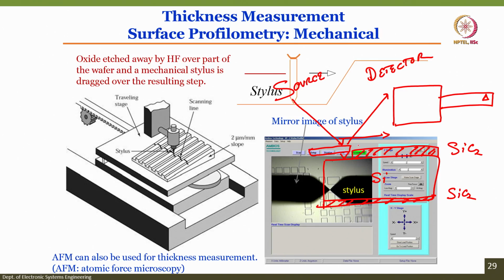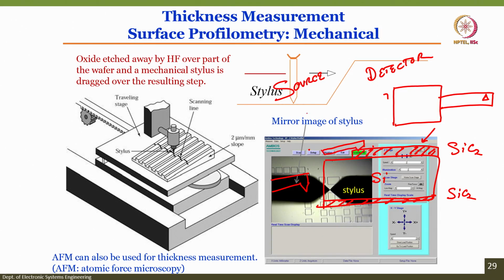Now, when the cantilever comes into the silicon dioxide area, what will happen? It will start bending, the angle will change, isn't it? If I bring the cantilever into this silicon dioxide region, the silicon cantilever will form something like this.